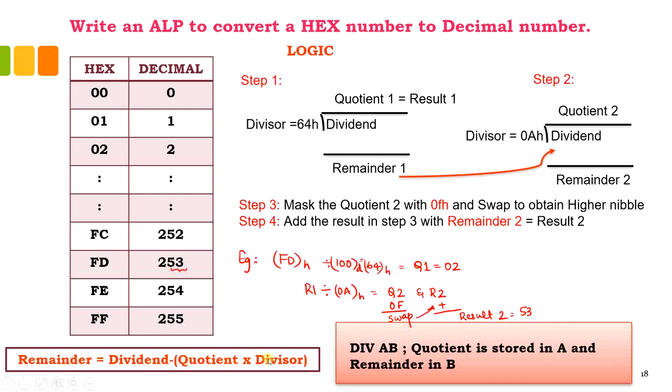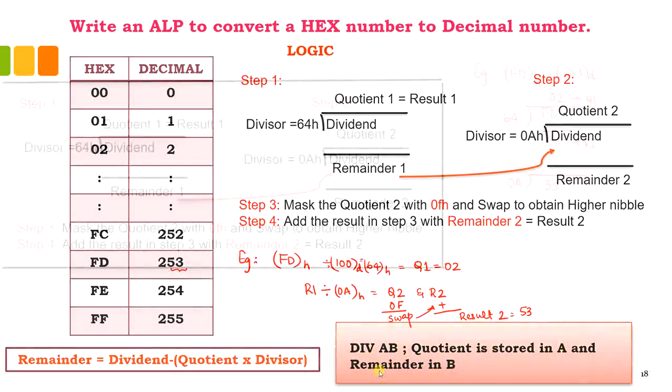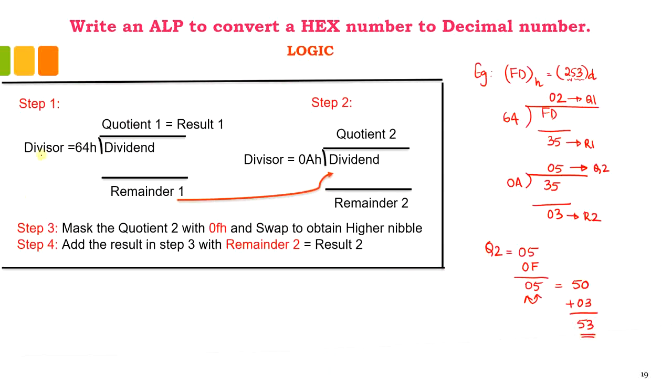Okay, so let me use the same equation and show you how we obtain it. Remainder will be equal to dividend minus quotient into divisor.